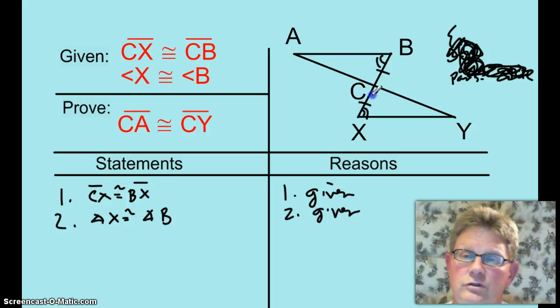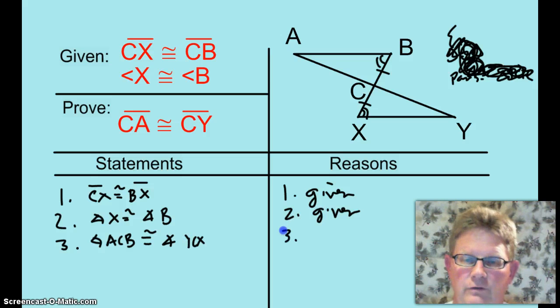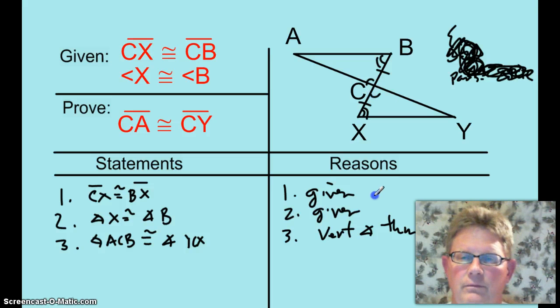Well, doggone it, you should be seeing these vertical angles are congruent again. So 3. Angle ACB is congruent to angle YCX because of the vertical angle theorem. So that angle congruent to that angle.